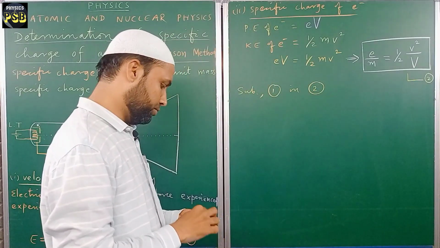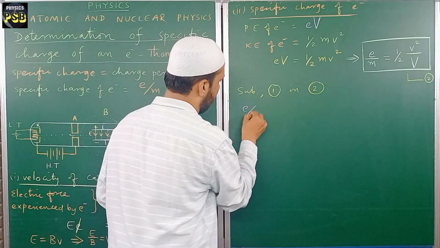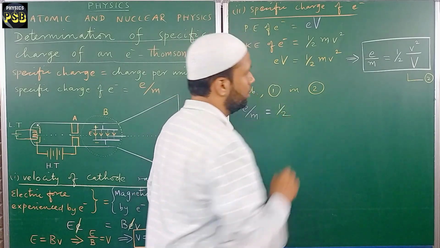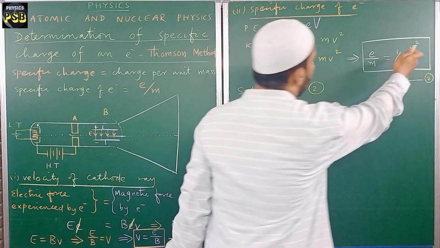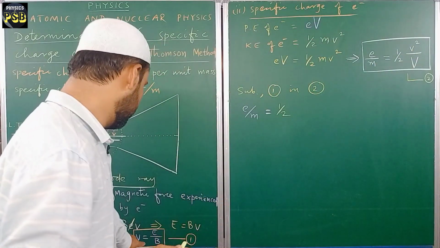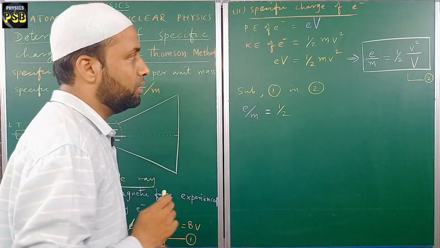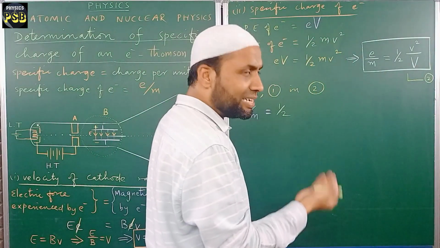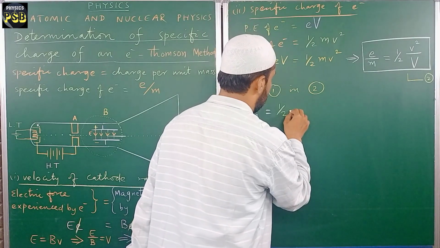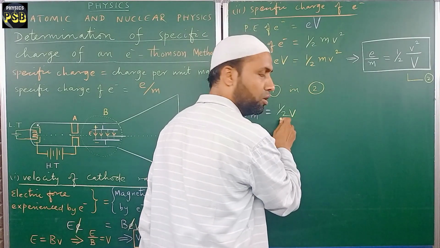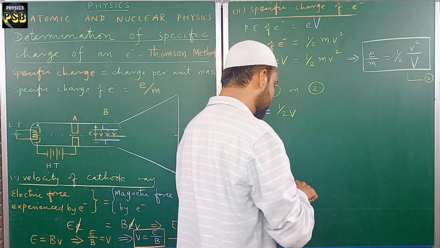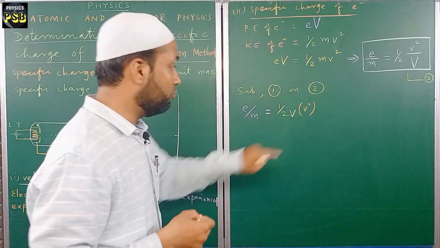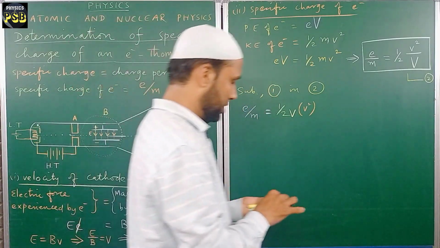What I'll get if I do so, I obtain this e upon m equals half, and in the place of v I write its value, that is E upon B. Now before I do so, for better understanding, I write the capital V here along with the 2. If I do so, what remains outside is nothing but v square. Now I am going to substitute the value of v. Now it will be easy if I do so. Okay.